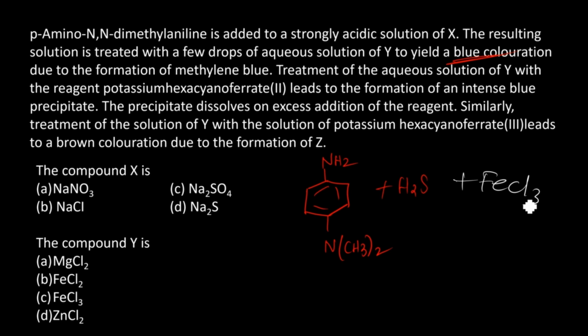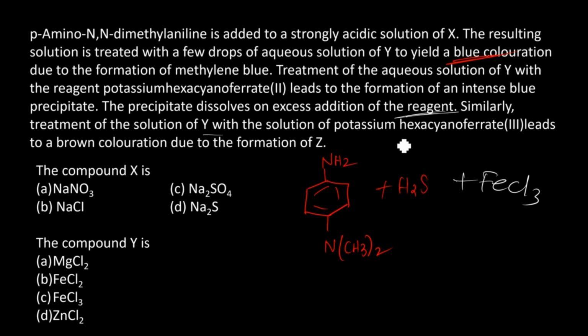The reagent is potassium hexacyanoferrate. So obviously FeCl3 with the reagent leads to the formation of an intense blue precipitate. The precipitate dissolves on excess addition of the reagent. So I'm taking potassium ferrocyanide, it will form Fe(CN)6, this part being the excess of the reagent.